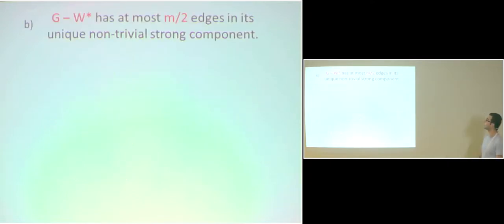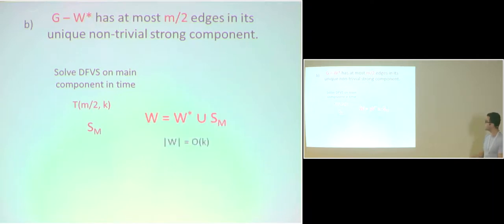Okay. Now, what happens if G minus W star has at most m over 2 edges? Well, then you solve DFVS on that component. Now you're running the recurrence on a much smaller component. You get a solution, and now you set your W to be W star union that solution.